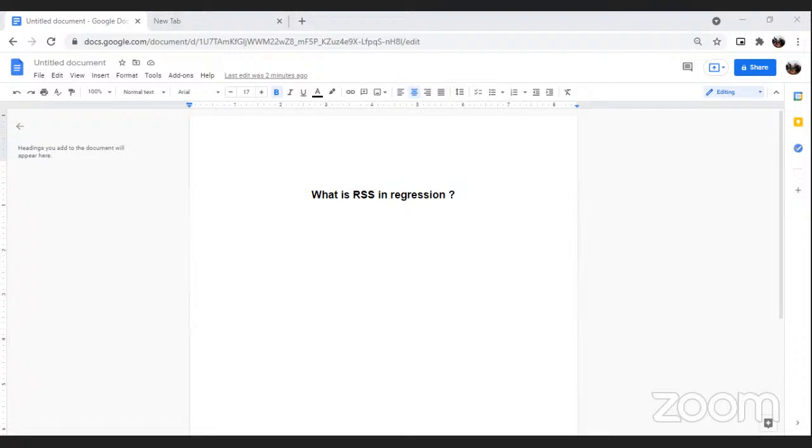Or to be precise, the residual is a measure of the distance from the data point to the regression line, right?